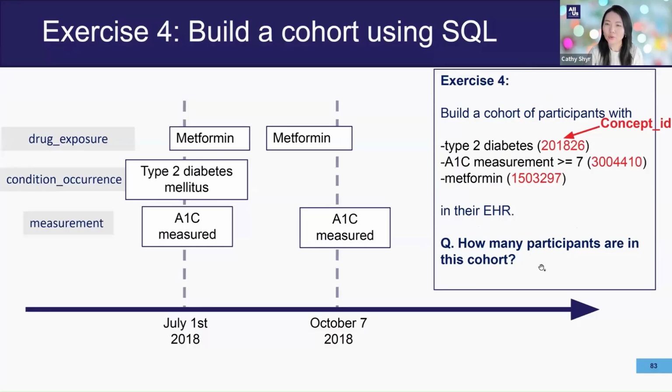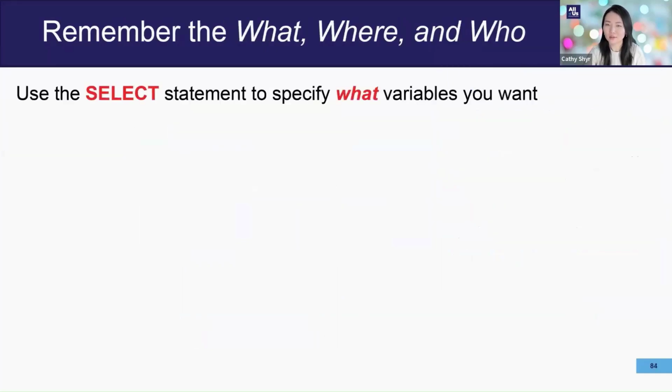Now when it comes to using SQL, I like everyone to think about the mnemonic: the what, the where, and the who. This is essentially an easy way for me personally to remember some of the key SQL statements I will be using over and over again for cohort queries. The first part is to use the select statement to specify what variables you want in your output table.